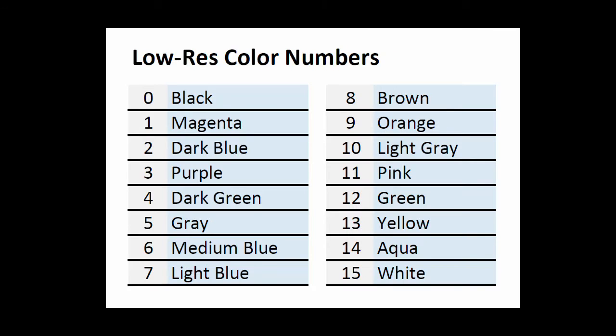And now here is a little cheat sheet that shows the 16 colors and their designated numbers that the Apple inventors came up with. We're going to stay in this low-res graphics mode until the Apple gets the command called text, and then it will change back to text mode.